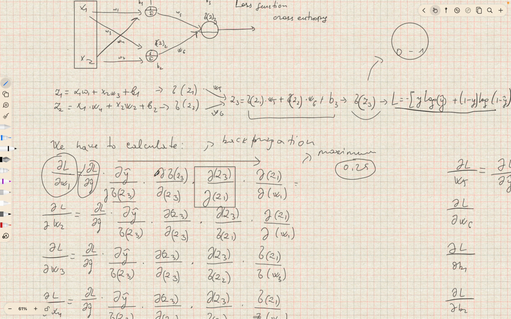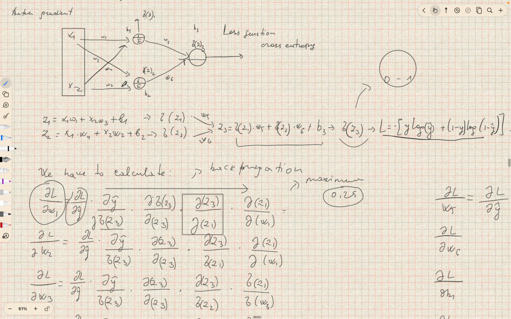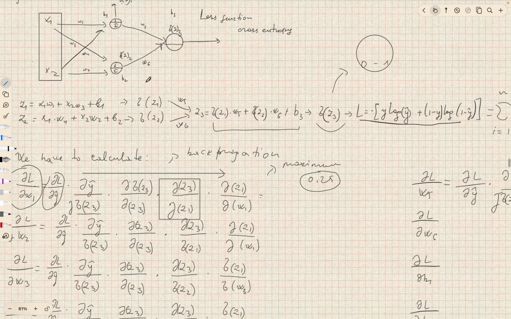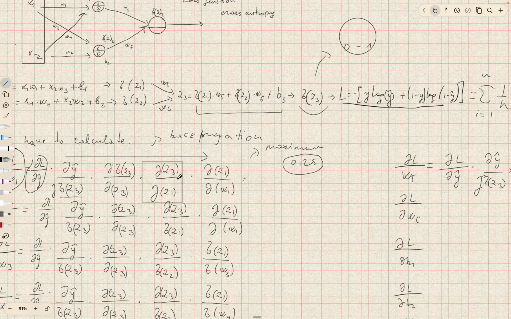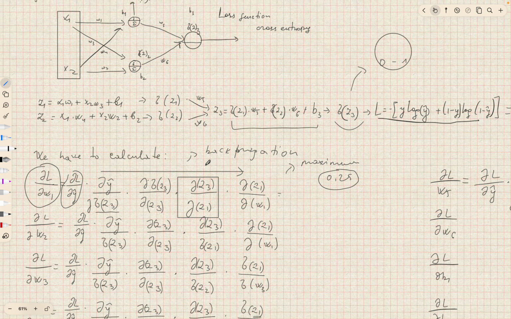Because of this, the gradients can get very small. For example, if we had another layer here, which also used the sigmoid function, then we would multiply this with the derivative of sigmoid z2 with respect to z2, and this number would become even smaller.